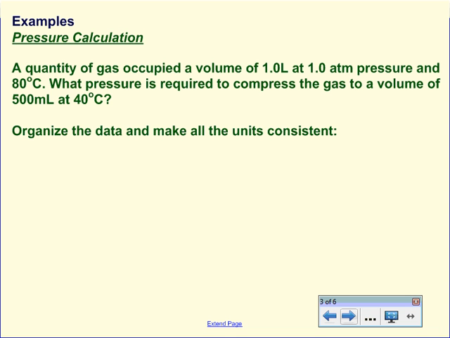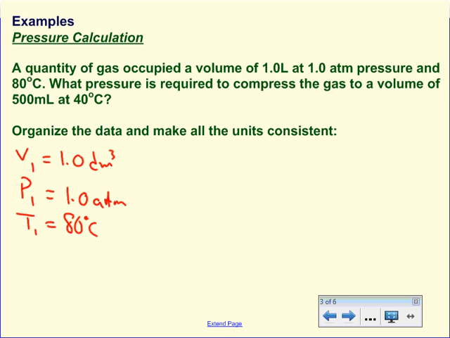I'm going to write down what I know first. V1 I know is 1 liter, or 1 dm cubed. My initial pressure is 1 atm. My initial temperature is 80 degrees Celsius, but I have to convert that to Kelvin, so that's 353 Kelvin.